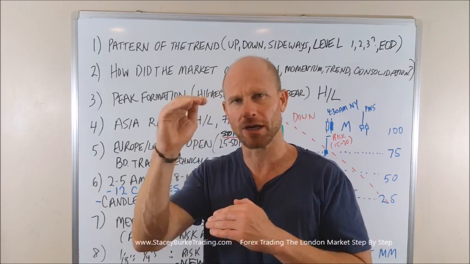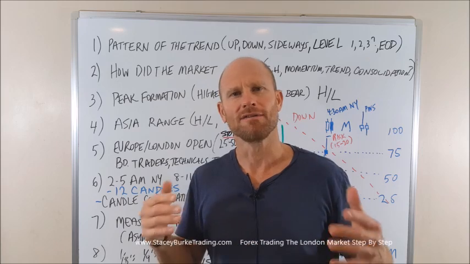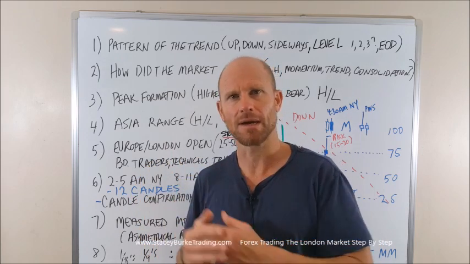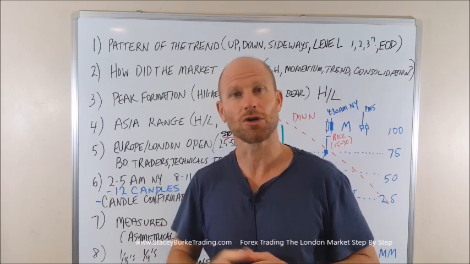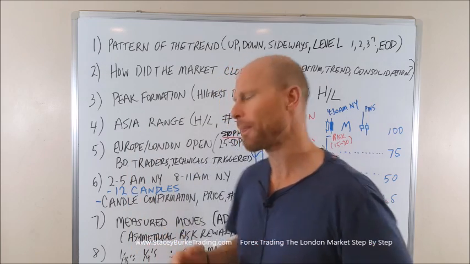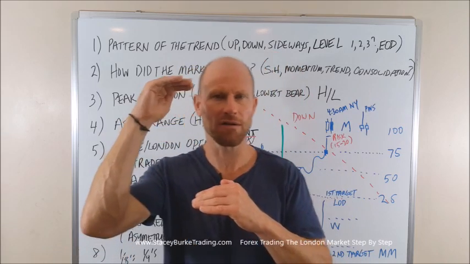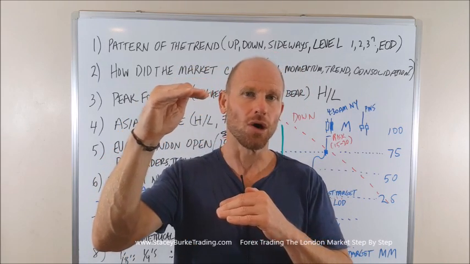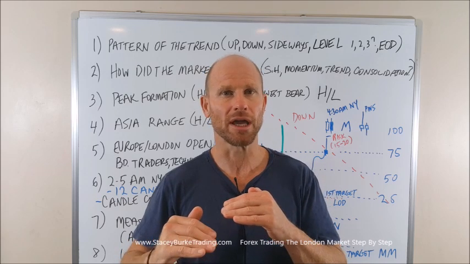Now, I'm not talking about large momentum candles. I'm talking about normal 15 to 20 pip candles if you're on that time frame, marking off the low where the last peak formation occurred, the last swing high occurred. Same thing for the low. If you're in a consolidation, you want to mark off the most recent low of the highest bull candle and the most recent high of the lowest bear candle.